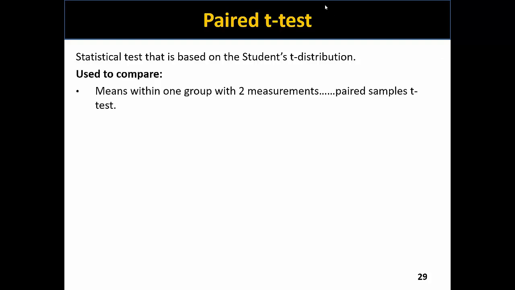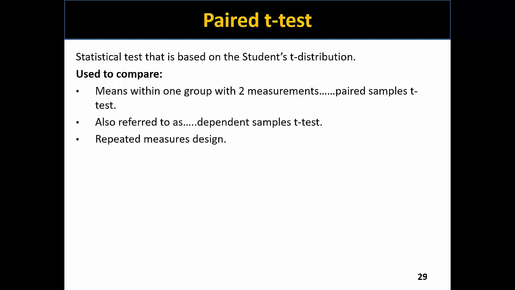But the paired t-test is used when we only have one group of research participants or cases, but that one group is sampled two different times on the same measurement.